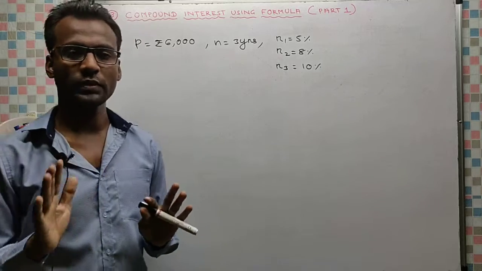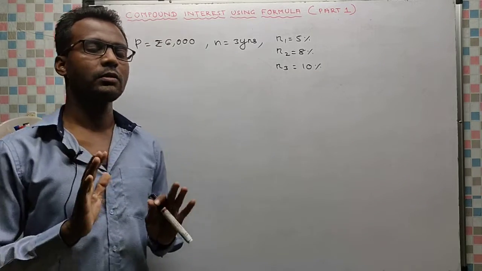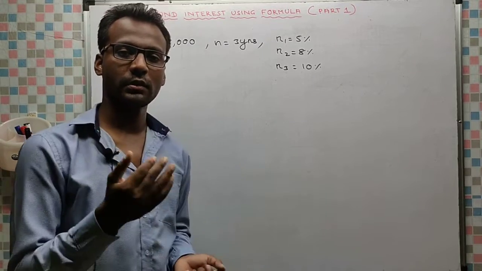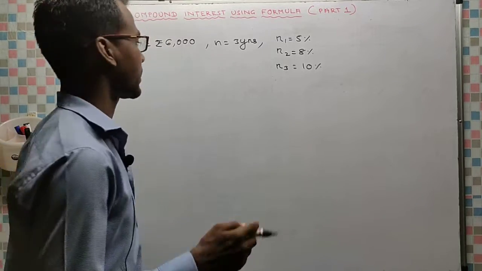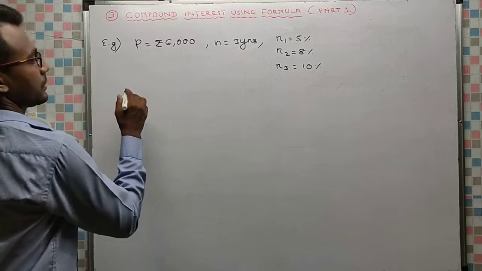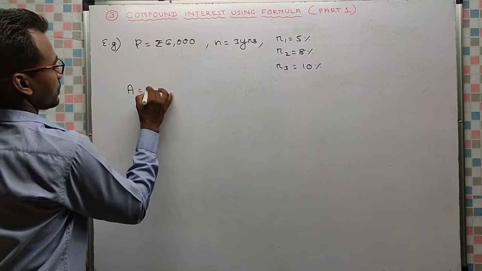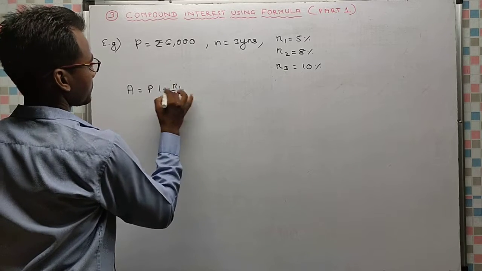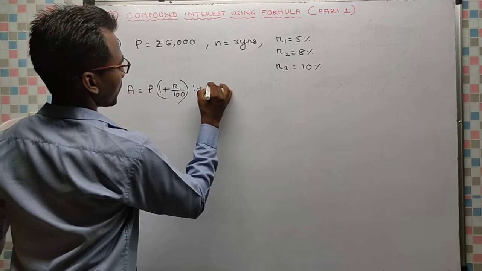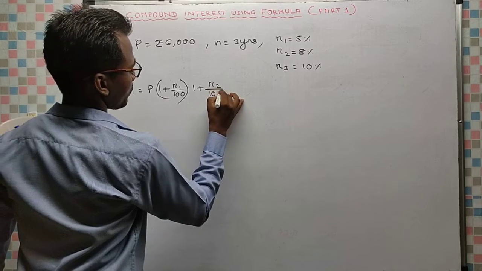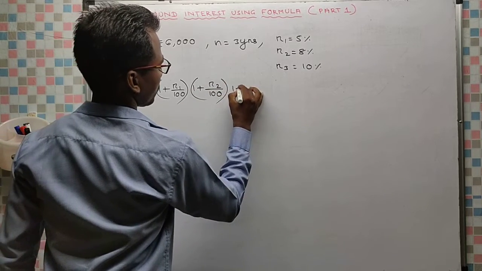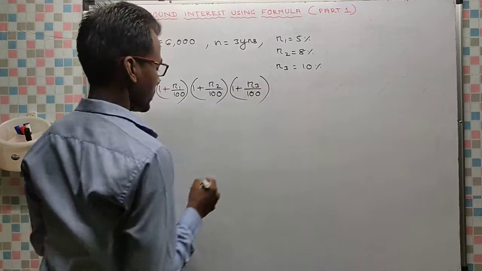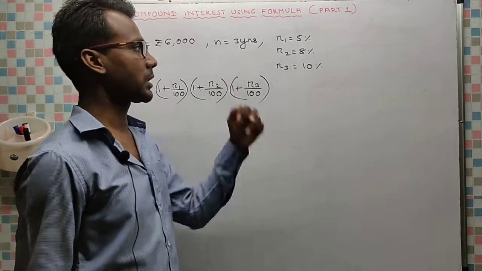I told you not to use the formula for compound interest. Simply you can go for the amount. Although amount is not asked, calculate the amount, then you can easily get the compound interest. Let us find the amount using the formula. So A is equal to P into 1 plus R1 by 100, 1 plus R2 by 100, 1 plus R3 by 100. 3 years, 3 different rates.